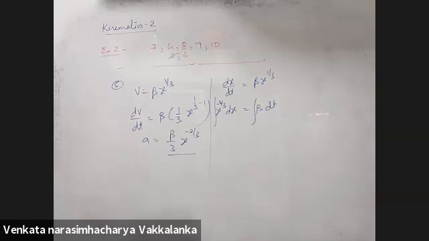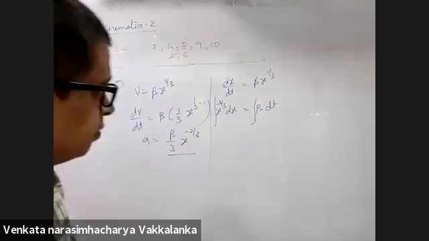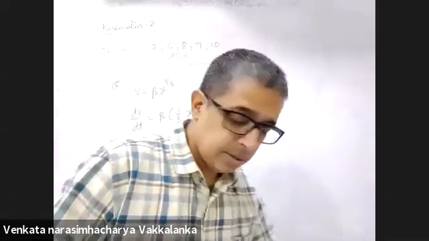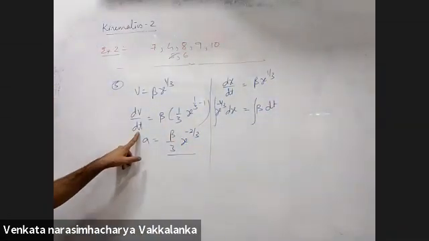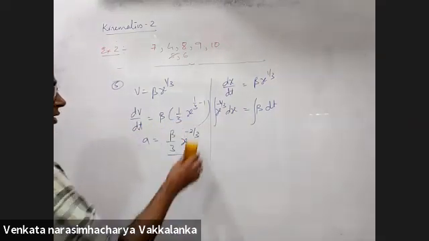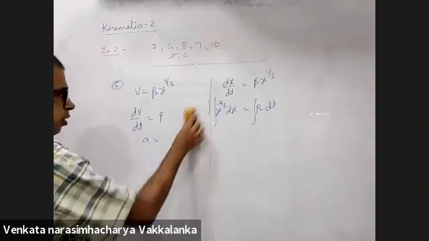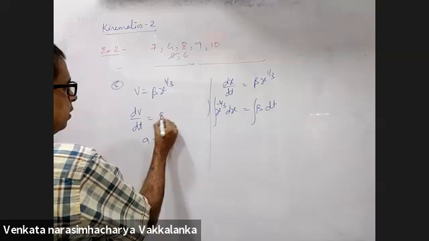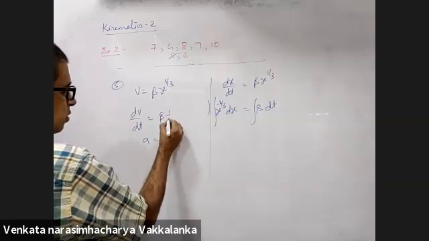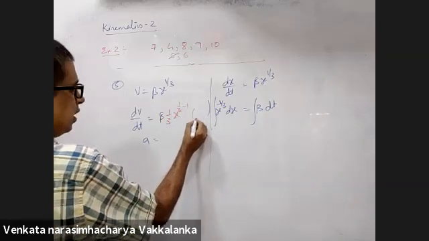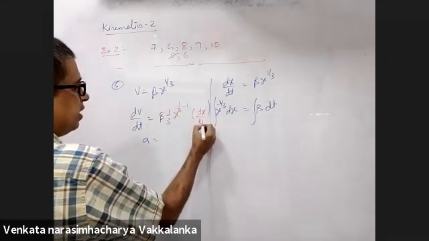Sir, how did you differentiate x with respect to t? I committed a mistake. I differentiated with respect to time. Here I should use chain rule. This will be differentiation with respect to x: 1 by 3 x to the power 1 by 3 minus 1 into dx by dt.